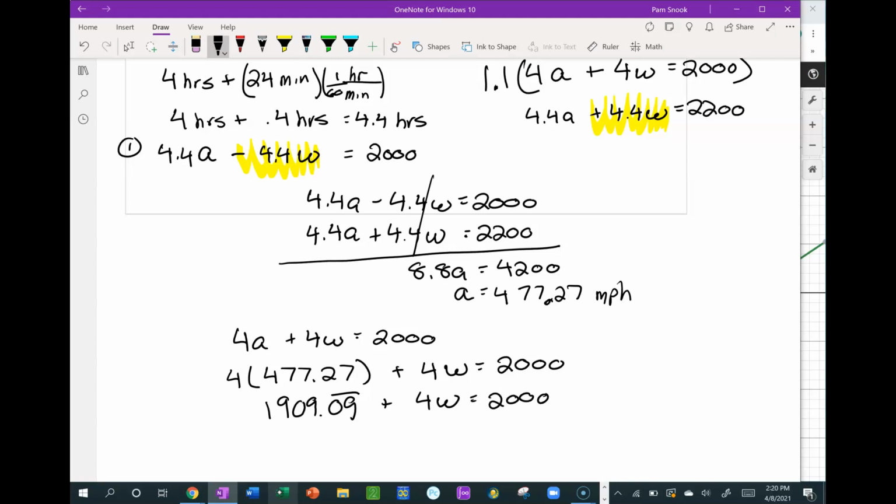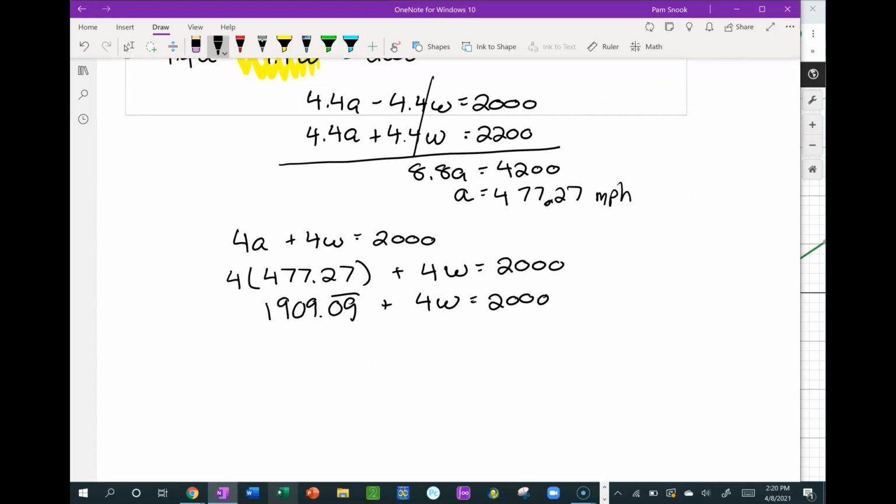Now I'm subtracting that, and then dividing by 4. So 4W equals 90.90. What I did is I subtracted the 1909 from both sides. Now I'm going to divide by 4, and W equals 22.72 miles per hour.